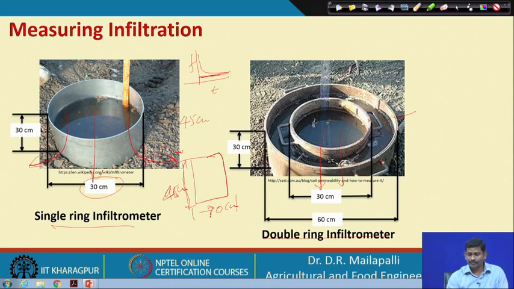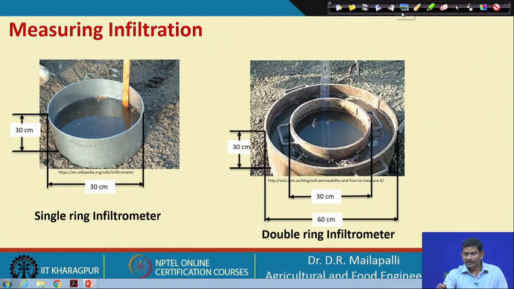Here the inner ring is 30 centimeter and the outer is 60 centimeter diameter, and as in the single ring, you keep 30 centimeter on top of the surface and 15 centimeter down in the installation.